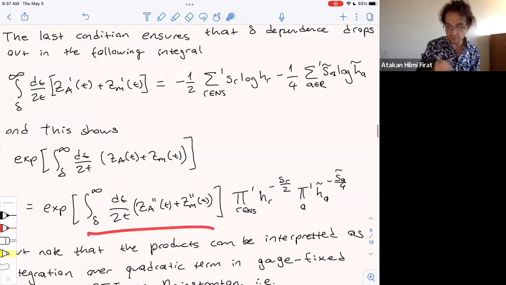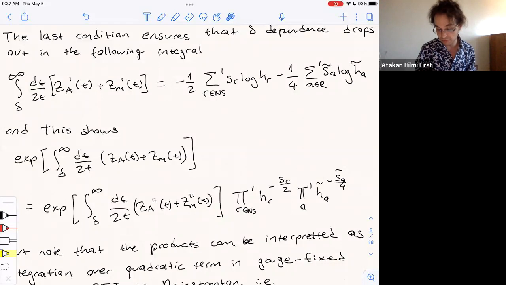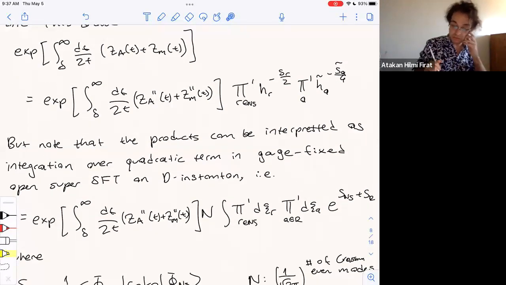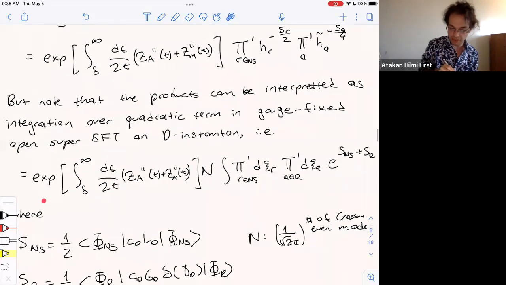So the delta information is contained in this part, which is finite, and there is a prime set part, which is going to be ambiguous as I remove the deformation. The important insight here is that we can interpret this part as the integration over the quadratic term of the gauge-fixed open superstring field theory on the D-instanton. That is, I can write this expression like this.